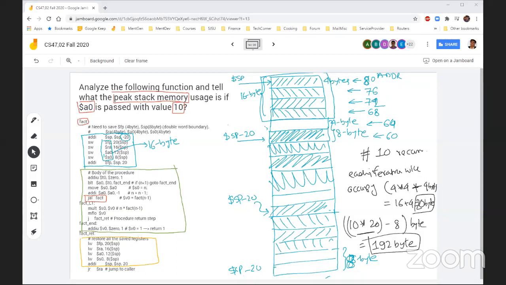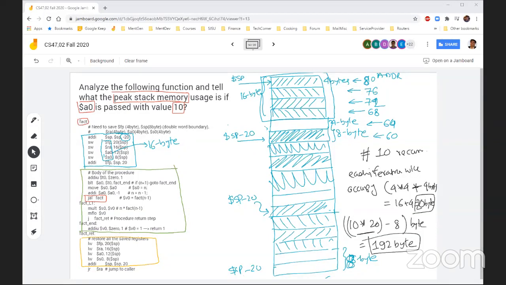I have a question. If you look at the top, each register is 4 bytes and you have 4 registers plus the extra word of space. So that's 20 bytes for each call.